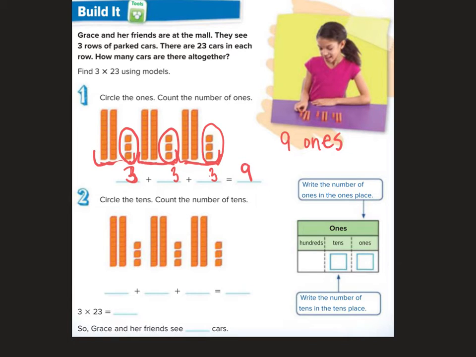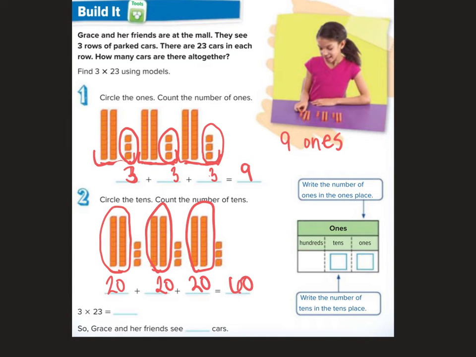Now if I circle the tens to count the number of tens, I'd get 20, 40, 60. So 20 plus 20 plus 20 is 60. So I have 6 tens and 9 ones, which would make 69 my answer.